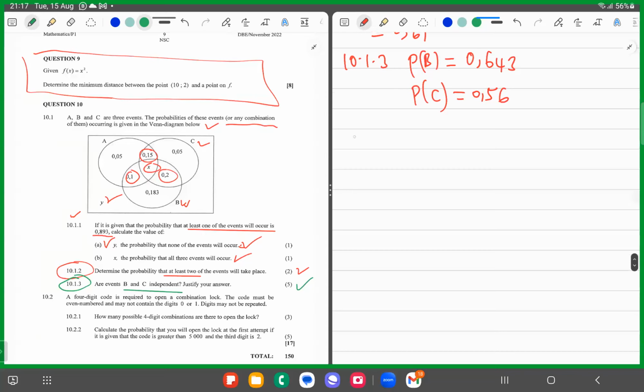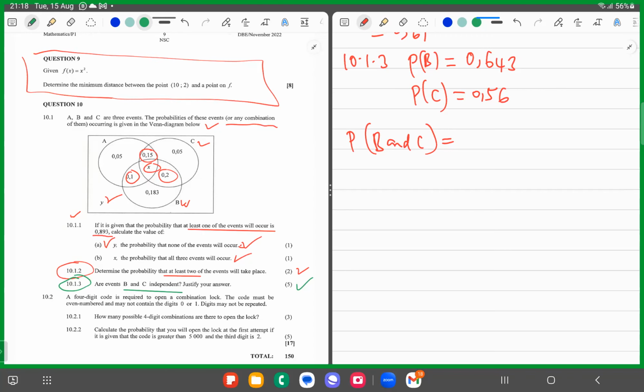And then you look at the probability of B and C, B intersection C. So now you focus on the probability of B intersection C. You add that one up.